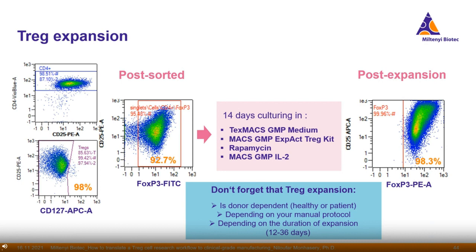But don't forget that Treg expansion is really donor dependent, depending on whether you are using healthy or patient samples, on your manual protocols, and on the duration of the expansion. And all the components present in the culture play a key role in the expansion rate of your Tregs.